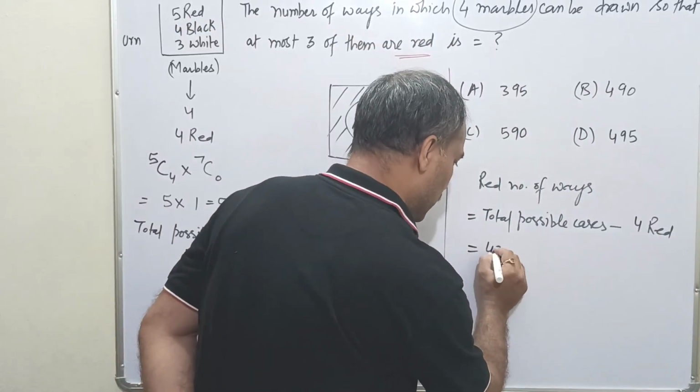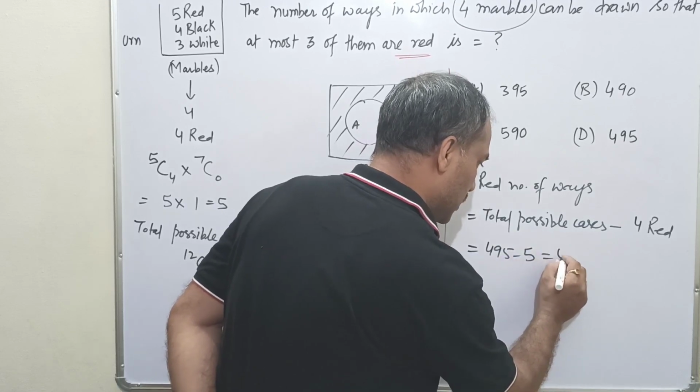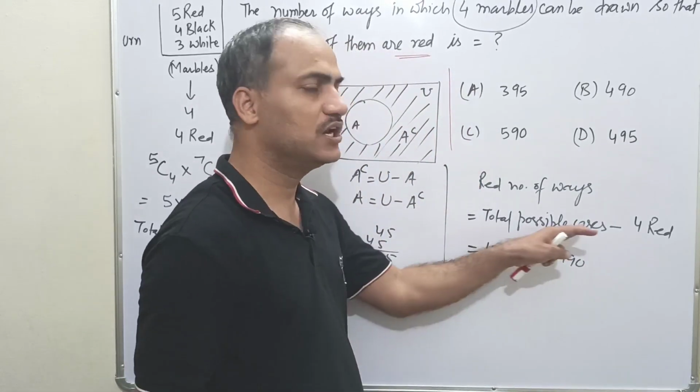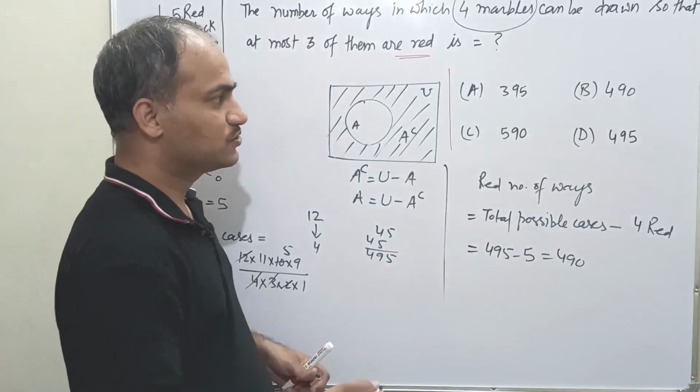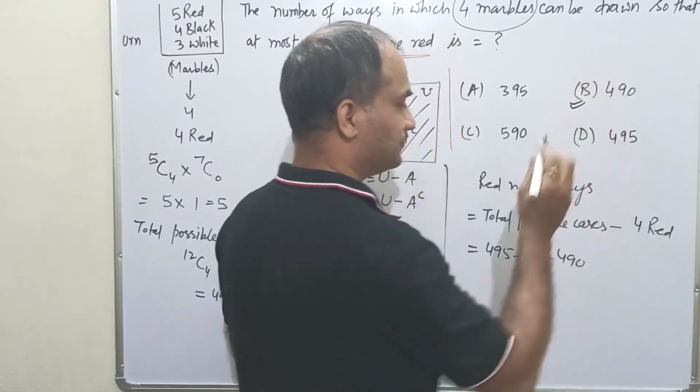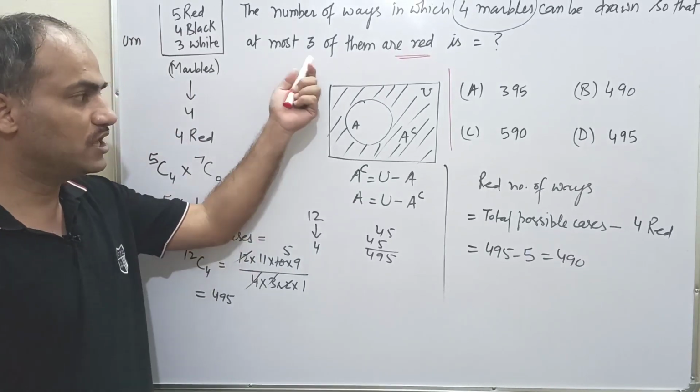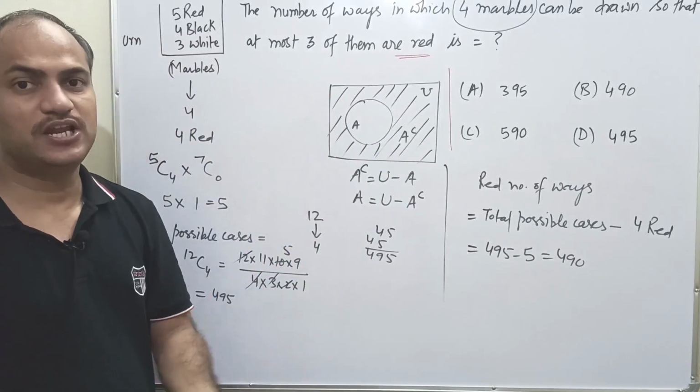So it means 495 minus 5, that is 490. I have written this just to make it clear, otherwise you can directly subtract and get the answer. So option B is correct. You can do it more quickly. All this I did just to explain the concept.